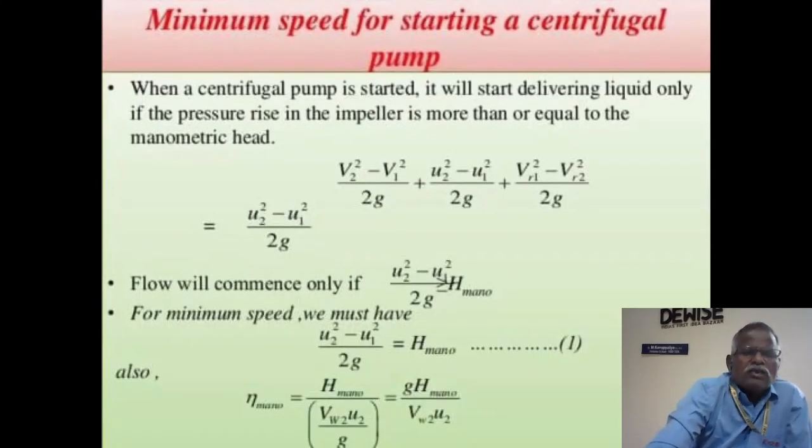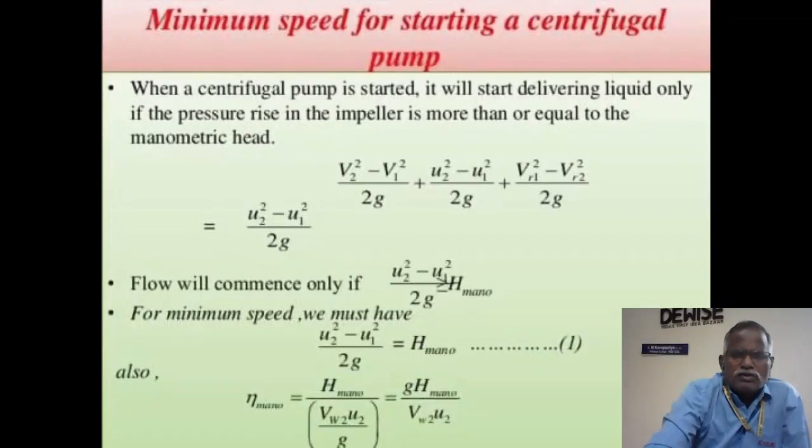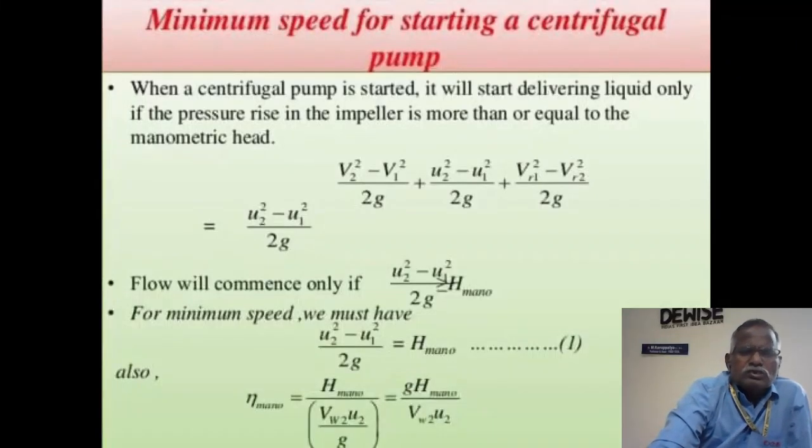These are the minimum speed for starting a centrifugal pump. It's a formula. When starting, delivery liquid pressure rise in the impeller must be more than or equal to the manometric head.